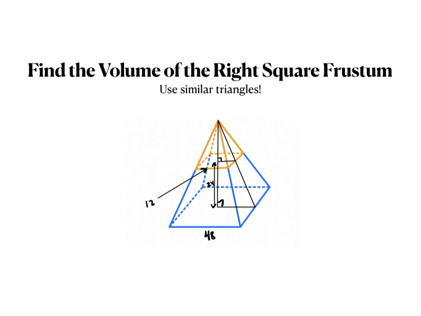Now, one issue is that I have to find a way where I know the entire height of this pyramid. Right now, I only know the distance between the bases of my frustum. And I also need to know the height of this one here. So in order to do that, we're going to use some similar right triangles.